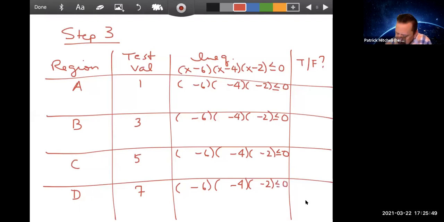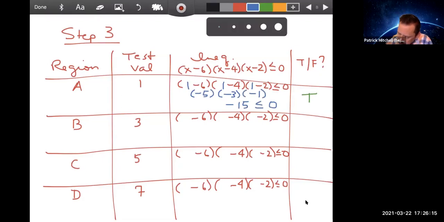All right, so first, put a 1 in there. And that's going to give me -5 times -3 times -1, which is 15 times -1 is -15. Is -15 less than or equal to 0? Why, yes, it is. So region A is going to be part of the solution set. Then we go to 3.